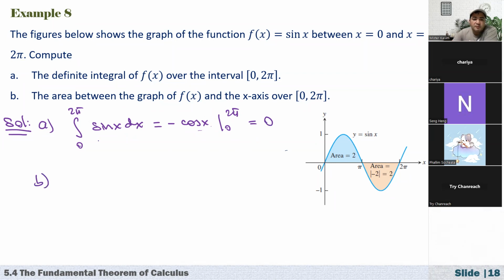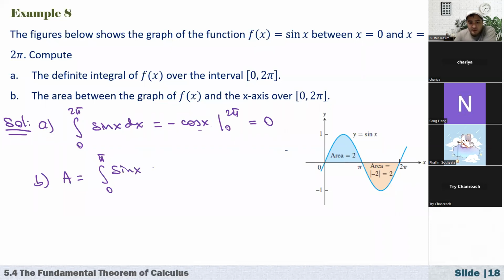And how about the area between the graph of f of x and the x-axis? As I say here, from 0 to pi, it is positive. From pi to 2 pi, it is negative, right? To find the area, I have to multiply this negative part by minus. That's why to find the area, I have to evaluate this from 0 to pi, because at pi the sign changes.